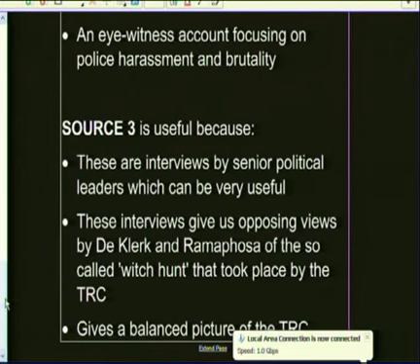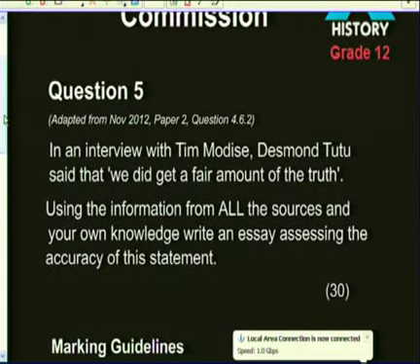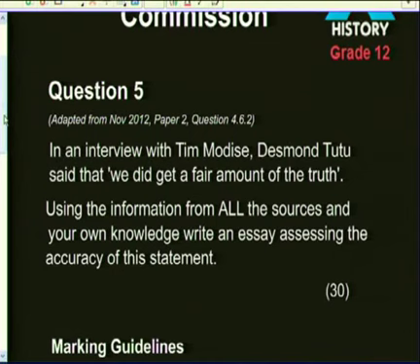So I thought that was a very interesting source because it shows you that different people look at the TRC in different ways. Now I'd like us to move on to the extended writing. In an interview with Tim Modise, again, this is just an example. Okay, I just want you to focus on the skills, how you can answer this question.